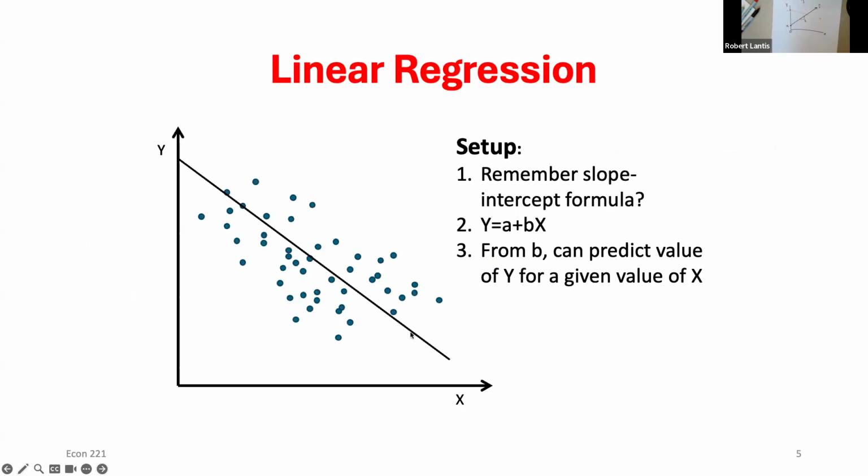If I had to draw a line that best fit this data, which you probably have talked about as lines of best fit in high school science, then what I'm trying to do is say, based off the data, where would its intercept be, and what would the slope be?